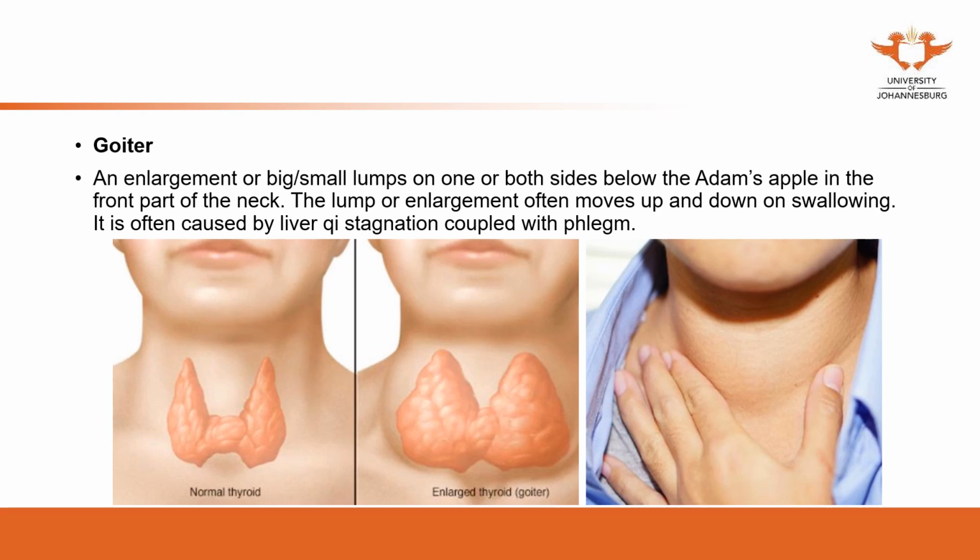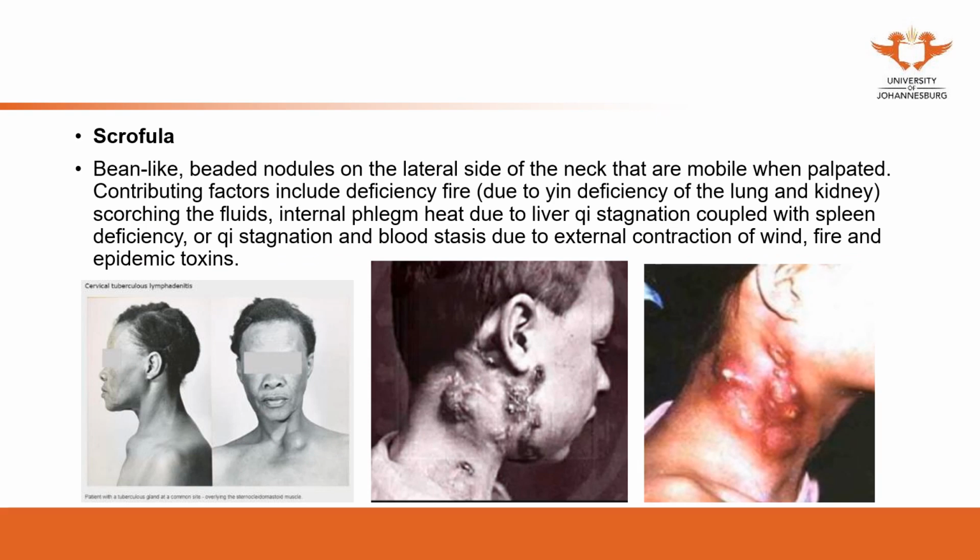So that's goiter. Firstly, you can see the enlargement from the neck. In other parts of the world, sometimes it is not common to see, but in African countries, especially in the rural areas, you can still sometimes see the manifestation.